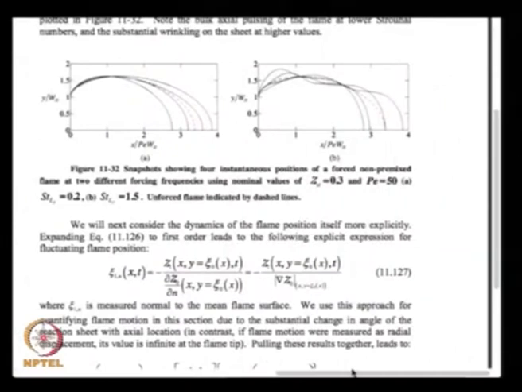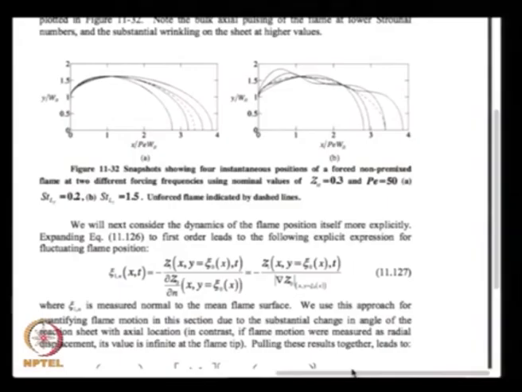So here we have snapshots of 4 instantaneous positions of a forced non-premixed flame, results produced from Leuven with permission. It is forced at 2 different forcing frequencies, and the one on the left corresponds to a Strouhal number corresponding to flame length of 0.2. The figure on the right is for a high-frequency Strouhal number of 1.5.